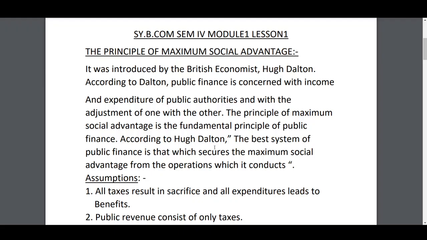In Hugh Dalton's own words, the best system of public finance is that which secures the maximum social advantage from the operations which it conducts. It means the main aim of the government's public finance is maximum social welfare.